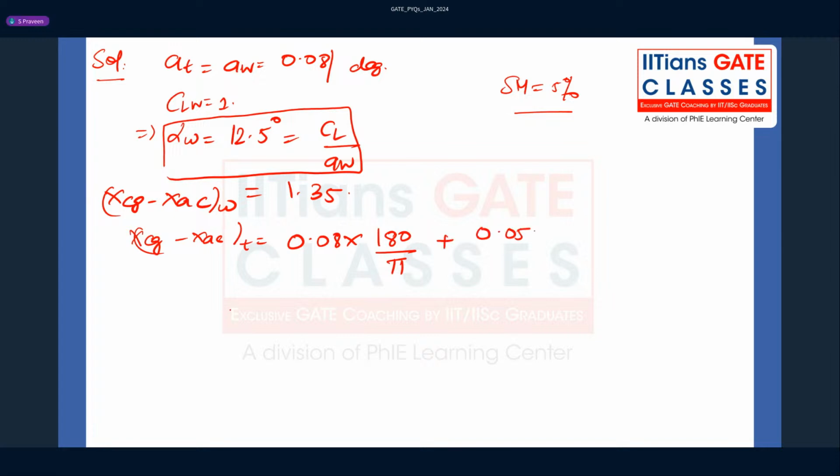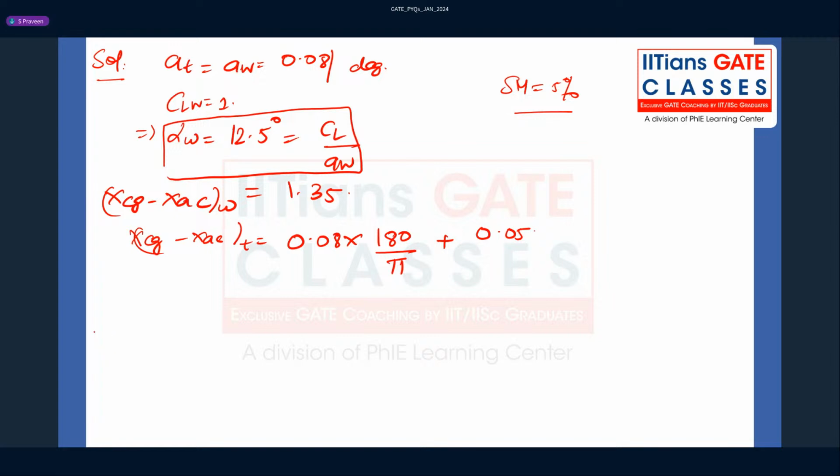So don't be hardened with so many formulas. These formulas appear everywhere, so it's very easy to use them. Unless your theory is strong, you can't solve these problems. That's my word for you. The best way to do these problems is to learn the theory first and then approach the problem.